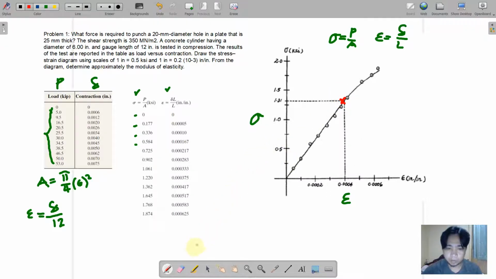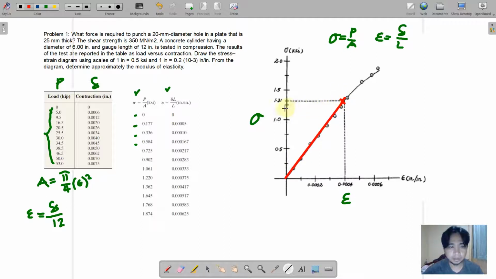So how was it done? Basically, it just established a straight line from the point of origin up to the point where the transition is. So as we can see, if we are going to project that one, some points aren't coinciding with the straight line. That is why this is obtained by graphical method.